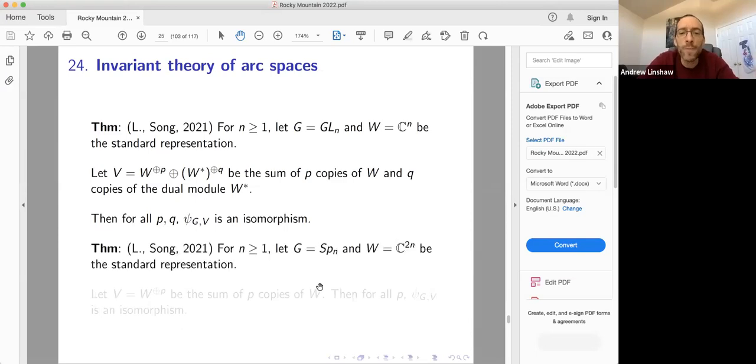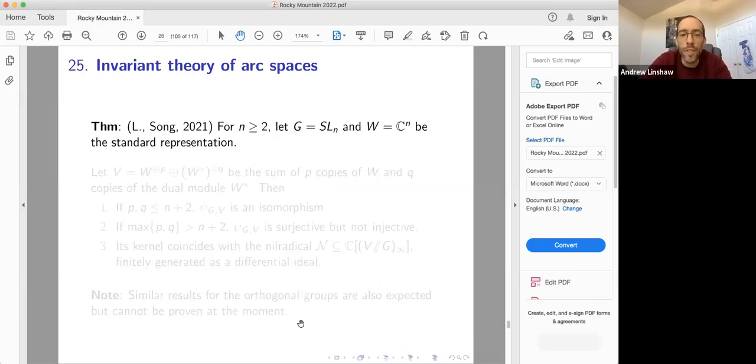And the Sp_2n is a similar story. If W is the standard representation, and V is a sum of many copies of the standard representation, then this map is always an isomorphism. And so the description is similar to the classical invariant theory for the symplectic group. The generators are quadratic and the relations are Pfaffians.